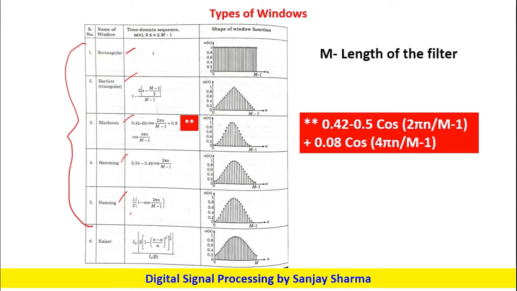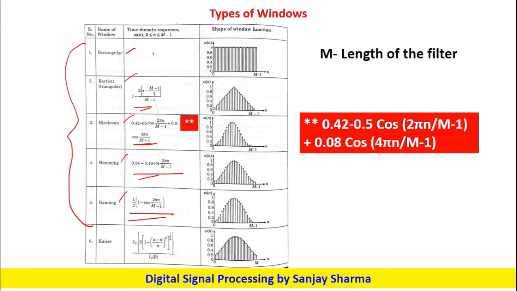They already have a fixed equation, so we need not worry about the order of the filter and other parameters of the filter. However, under ideal conditions, it is not the case. It should not be the case.